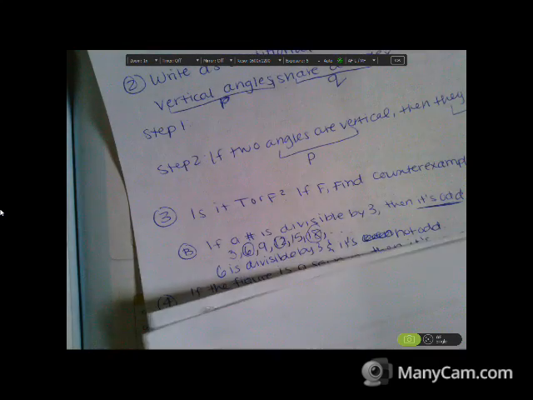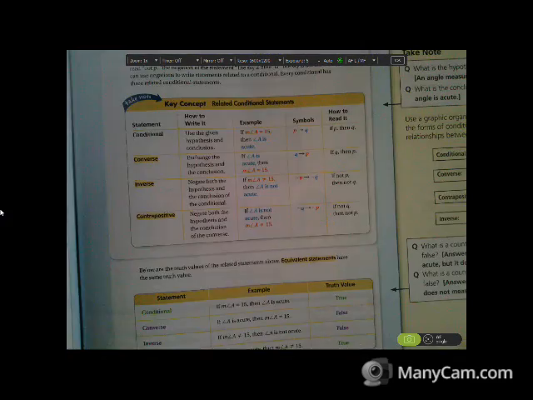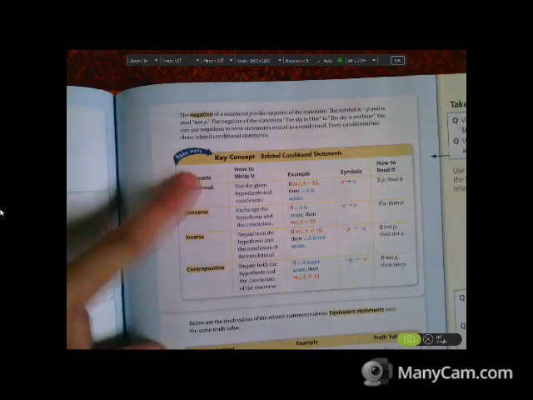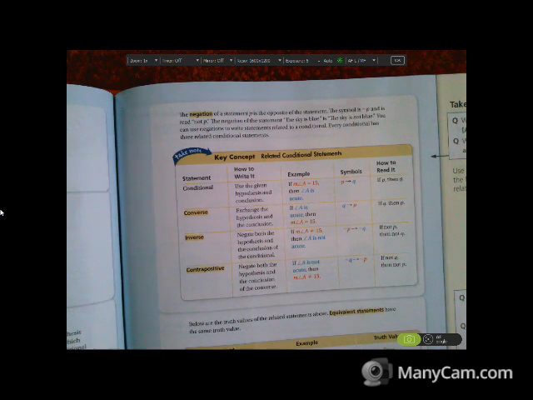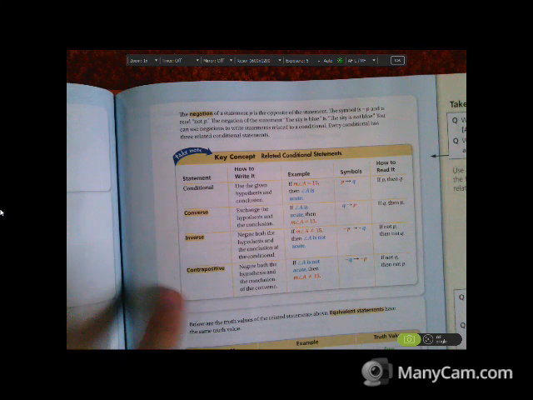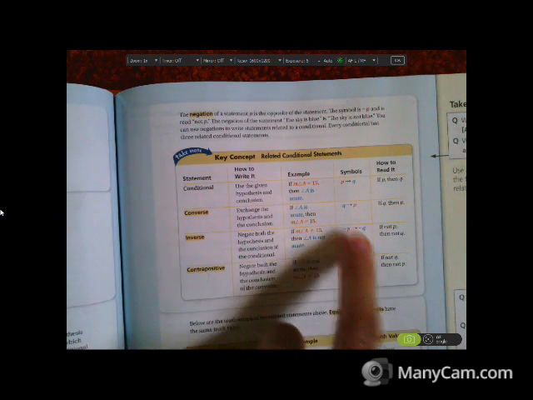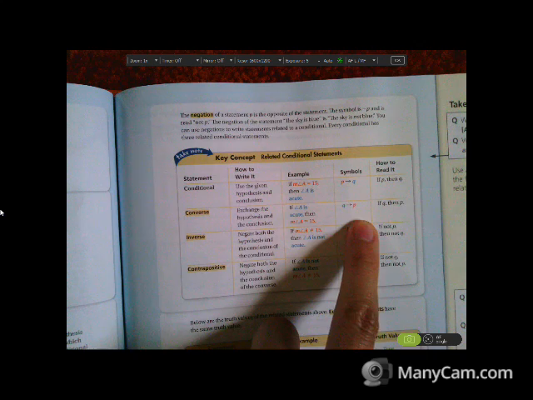Okay, so before we move on to problem 4, this is what I'm going to go over tomorrow, but I just want to tell you these words really quickly. Negation is denoted by a tilde. It's a not statement. So it would be like not P, then not Q. Converse means you're switching your conclusion with your hypothesis.